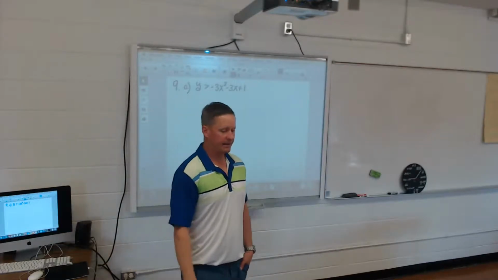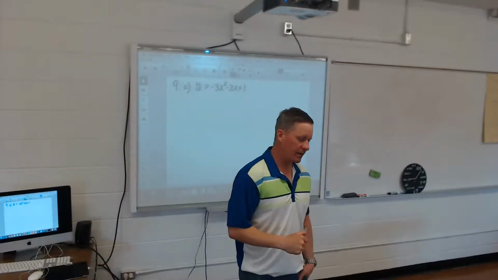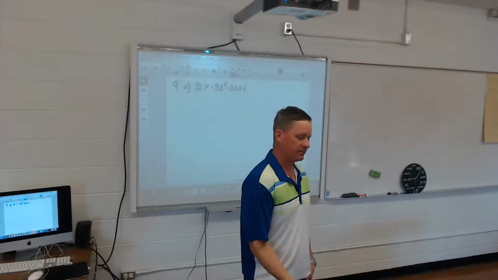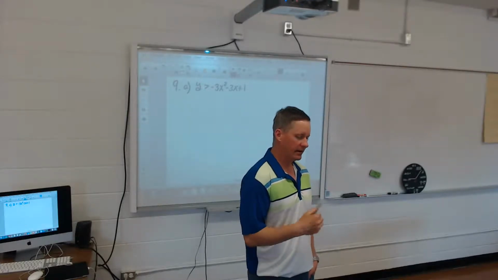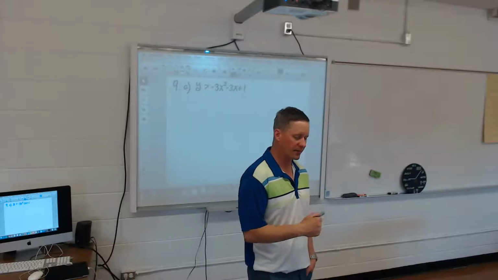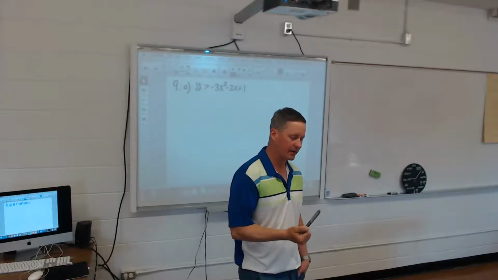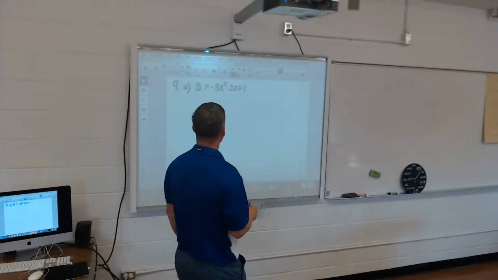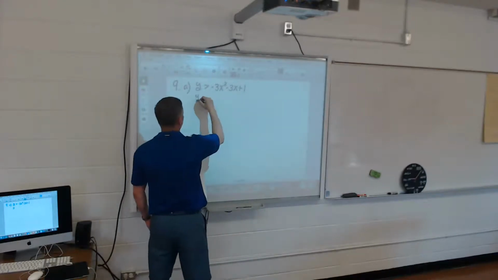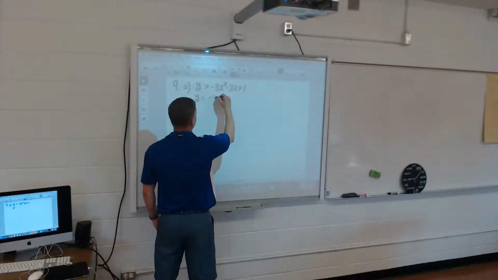Okay, so again, this is a case where we want to maybe graph the roots to find the vertex. We could complete the square for it, but it's not going to work as easily because I have the odd numbers. So I'm going to change this first into an equals.